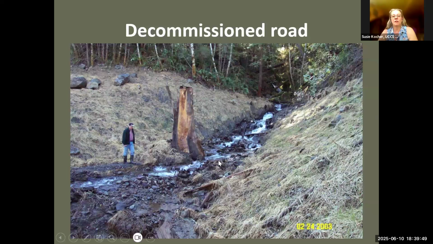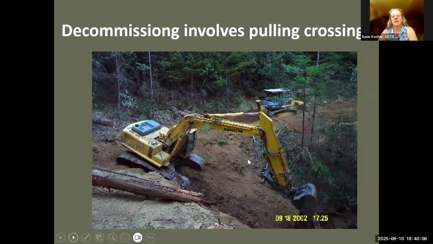This is one in, I believe, Redwood National Park. So you have to picture that there was a road here. There was a culvert. There was sediment perched on top of it to allow the road. And they brought heavy equipment in. They pulled out all the sediment and they removed the culvert. So it is something that can be done, but as you can imagine, it does require heavy equipment, and that all gets pretty expensive.